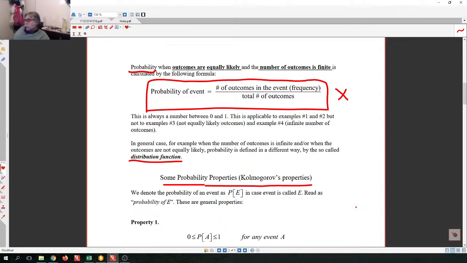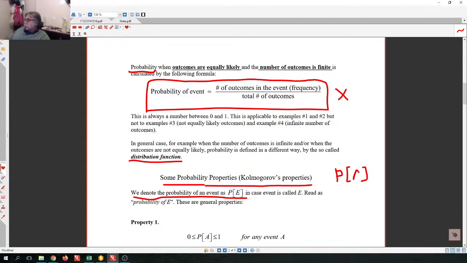Again, the probability is defined on an event. So we're going to write it like that: probability of this. The symbol is for some event.